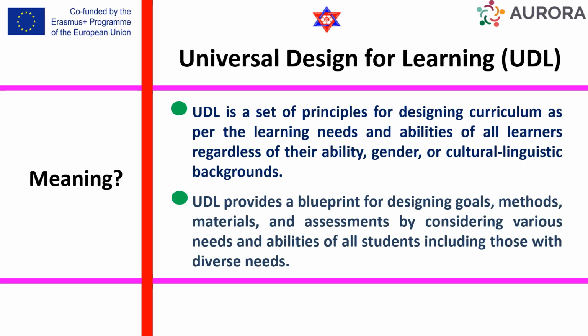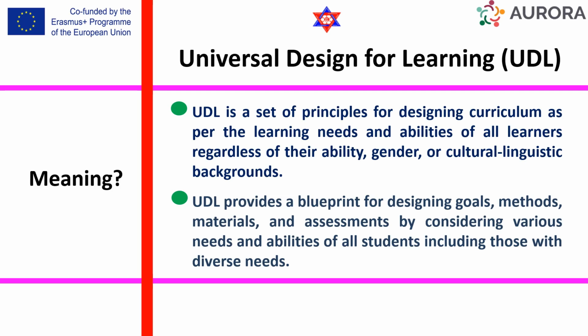Universal Design for Learning (UDL) is a comprehensive framework aimed at engaging and educating students with diverse learning needs by addressing obstacles like rigid teaching methods. It promotes inclusivity and individuality in education, focusing on crafting curriculum to cater to each learner's individual needs.